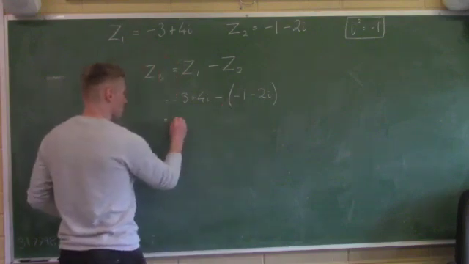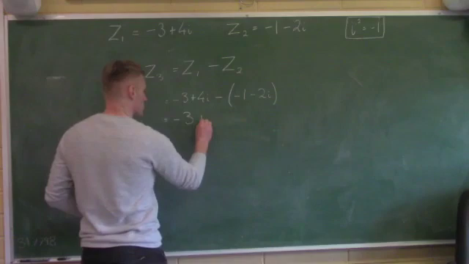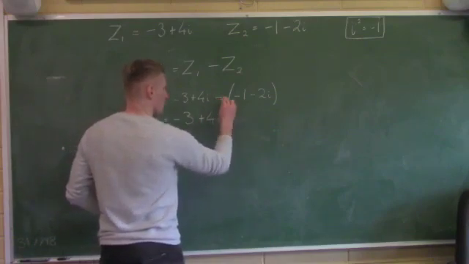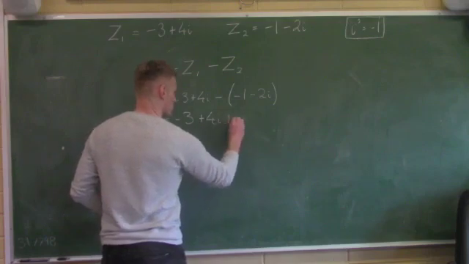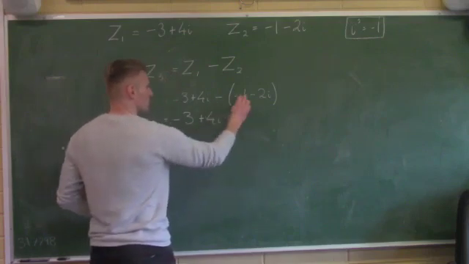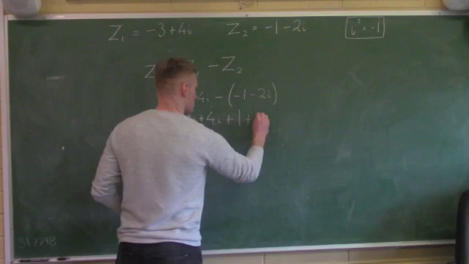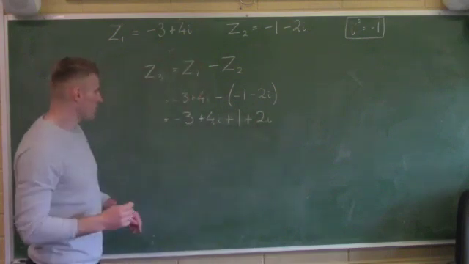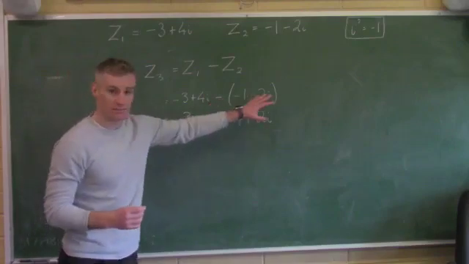Because on line 2, that will change. Minus 3 plus 4i. Minus by a minus, so that's going to change to positive 1. Minus minus, this is going to change to positive 2i. Okay? So that's a mistake that's regularly made if I didn't have the brackets.